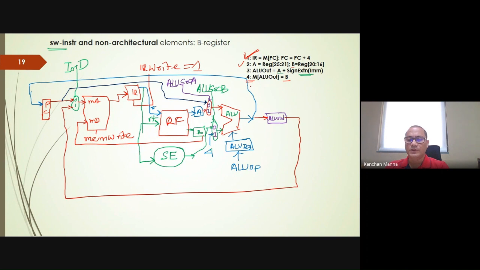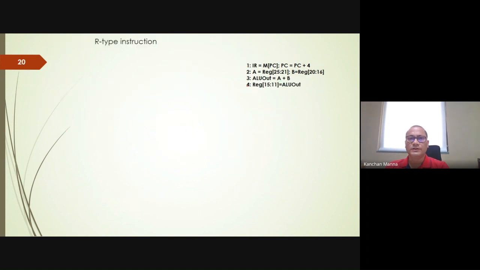Okay. So now we'll see the data path for R-type instructions. Same way, first we have to read the instruction and load it in the IR register, and at the same time we'll perform PC+4 through the ALU, and then we'll read two values, because R-type here means the add instruction, right?